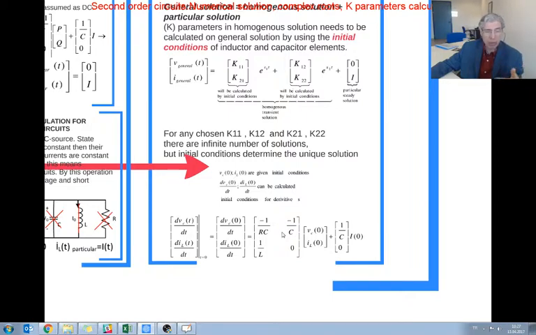So it becomes 4 knowns and 4 unknowns. The knowns are the initial conditions of inductor and capacitor, which are given, and the state variables' derivatives initial conditions are also calculated here. The unknowns are K11, K21, K12, K22.